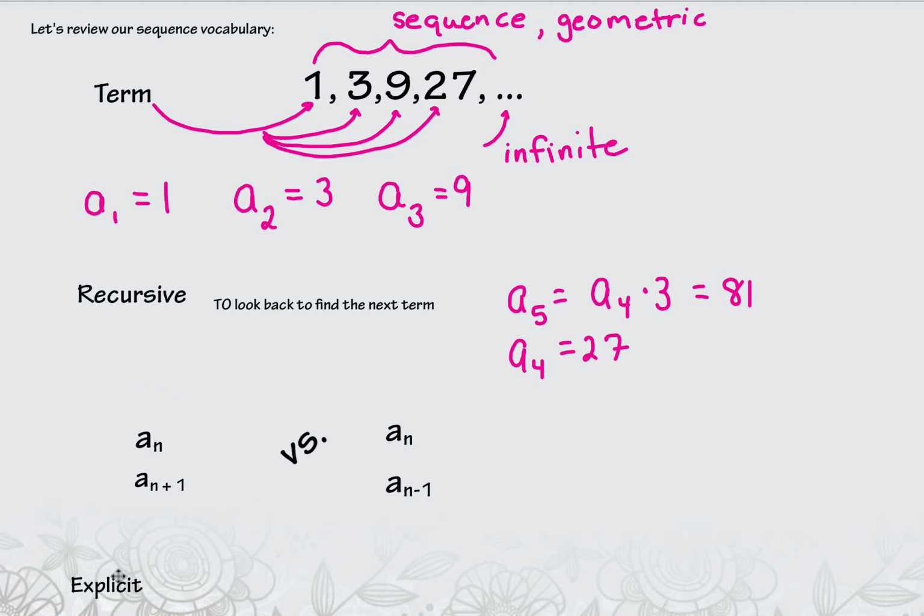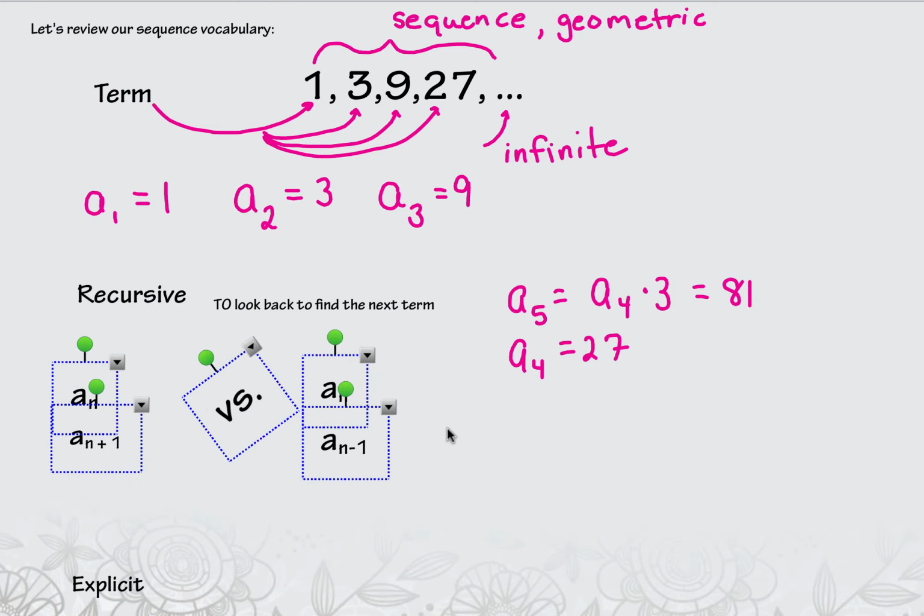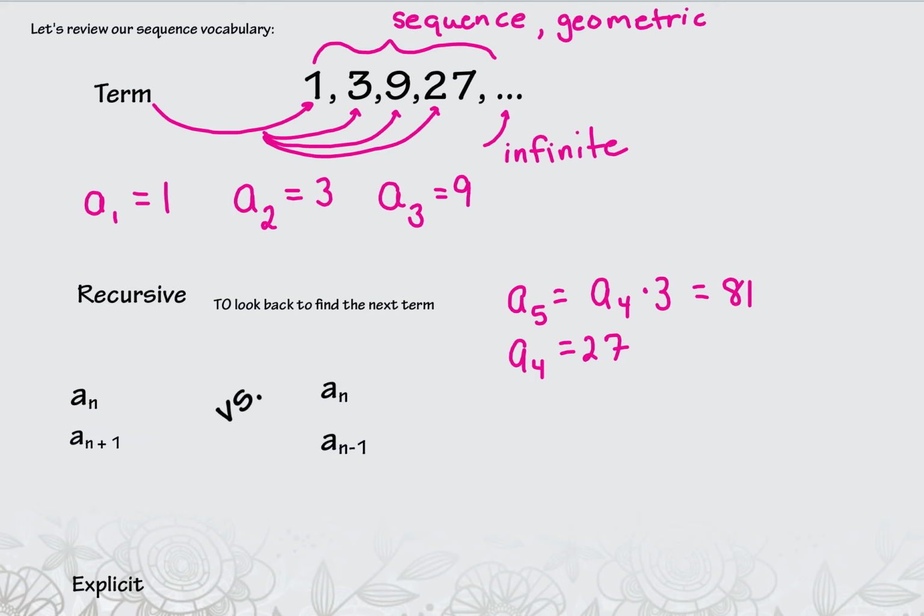So I'm going to hold off on explicit, and I'm going to come here, and I'm going to go over this. This caused a bit of a problem last time. It also causes a bit of a problem because the Algebra 2 kids still have a problem with this. This and this are really saying the same thing.